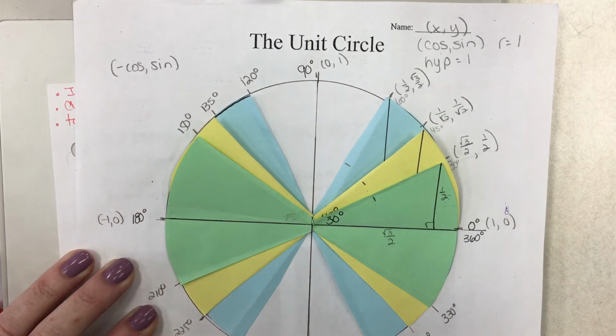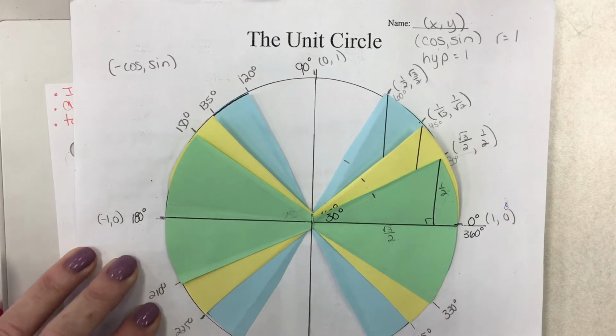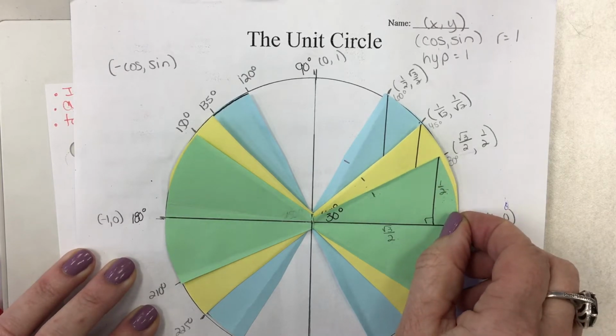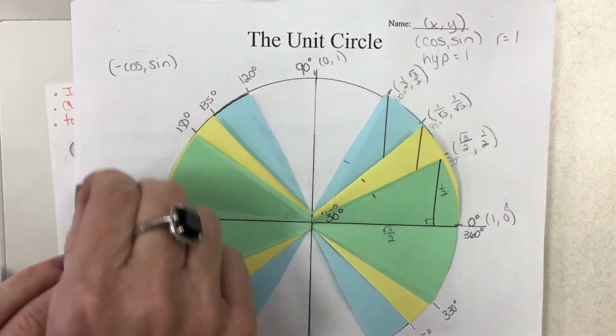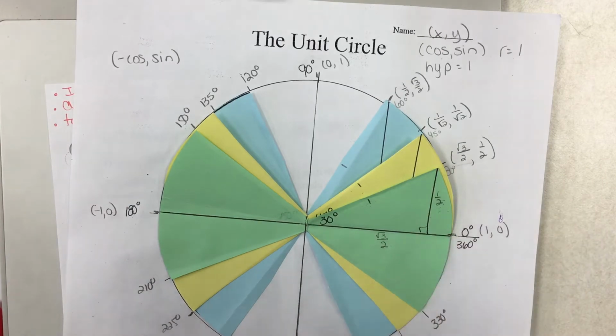You guys remember that last year? Okay. Here's the critical piece of that: when you took the end of the string and you unfolded it out onto your paper, you got something that looked like this. Okay? So what you did is you converted from a unit circle into an x and y coordinate.